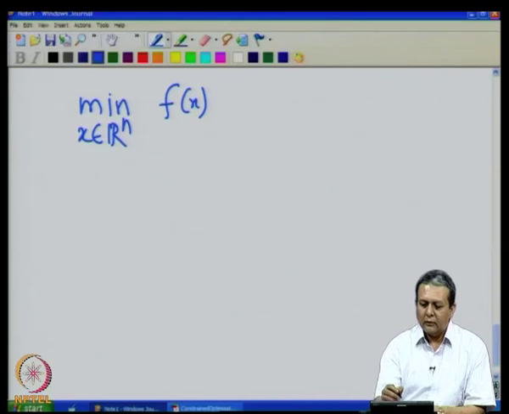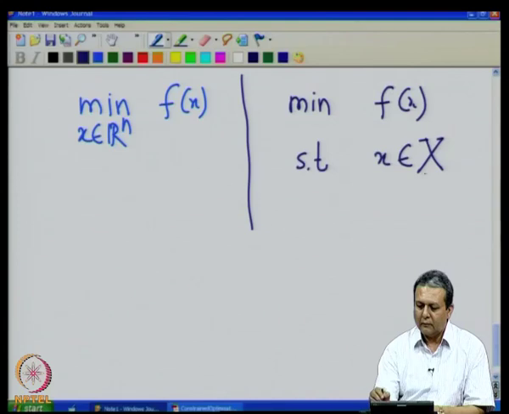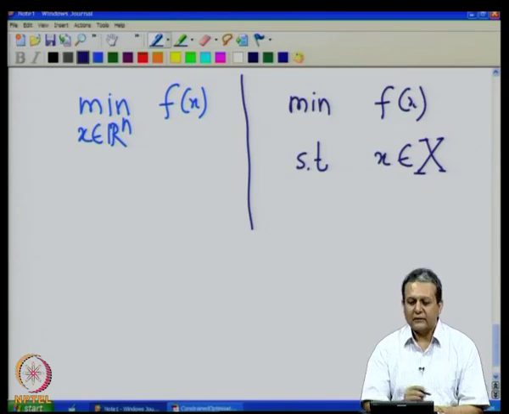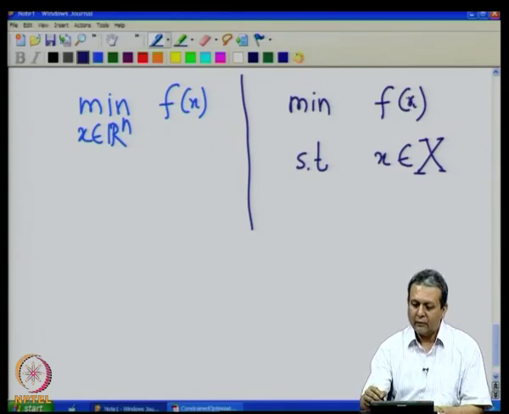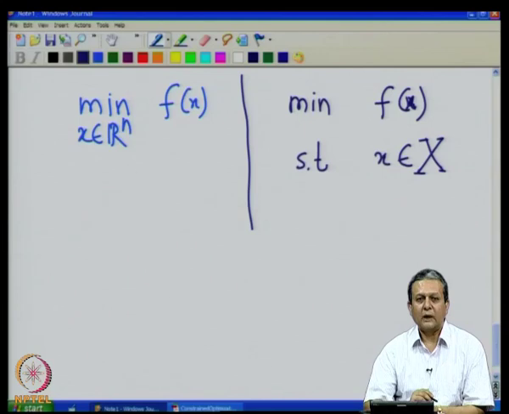Now, we are looking at a different problem where we want to minimize f of x subject to x belonging to X. What kinds of optimality conditions exist for this problem? Remember that there we said the gradient of the function should vanish.